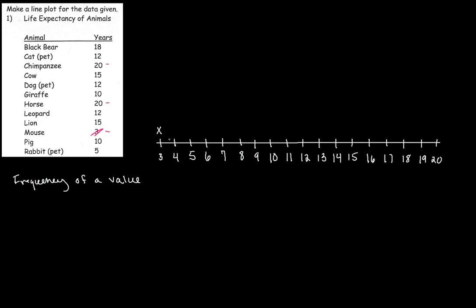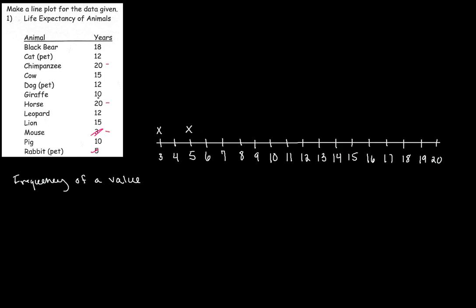Now, there are no animals that have 4. I'm not going to put an x there, but there is one that has 5. We have this pet rabbit that has a 5. So I'm going to cross him out, and I'm going to put an x for that rabbit above 5 to show that there's at least one animal that has a life expectancy of 5. And I don't see anything that has a 6.